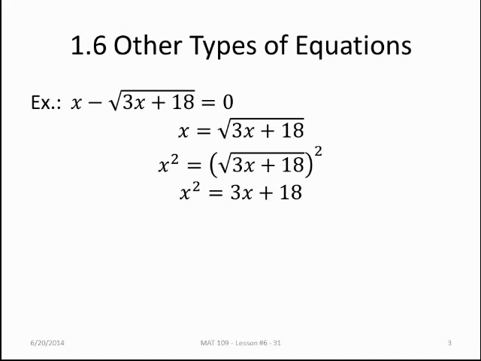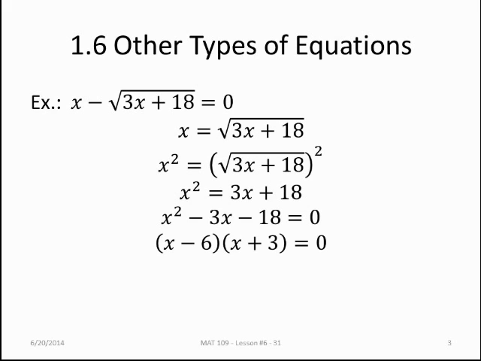Move everything to the left side because it's a quadratic equation. So I need everything on one side, 0 on the other, and then apply whichever technique for solving a quadratic you prefer. You may prefer the quadratic formula. It doesn't really matter as long as you choose something that works. So here I've put the equation in standard form, which is necessary.